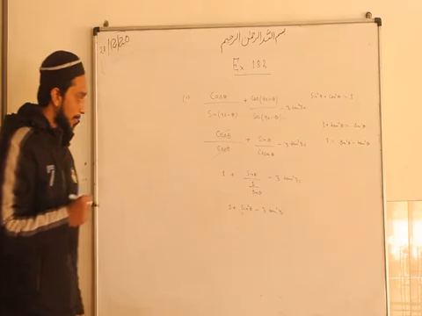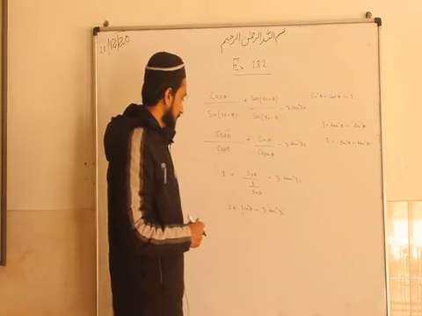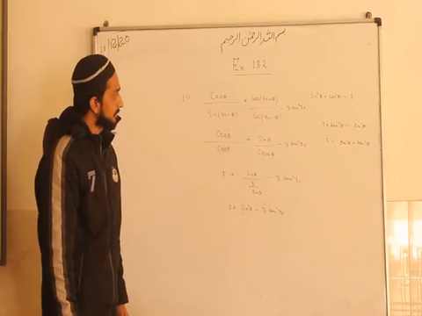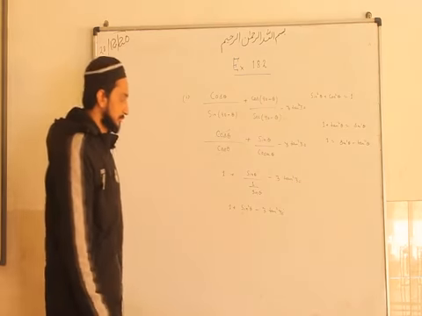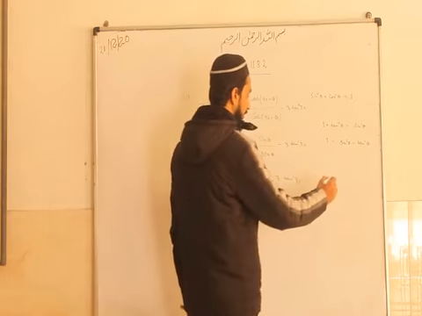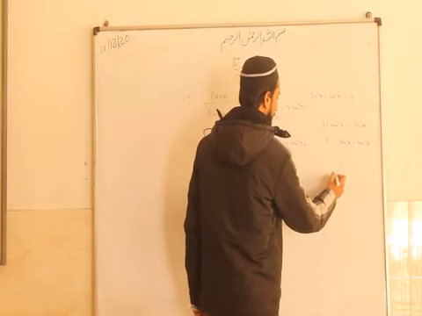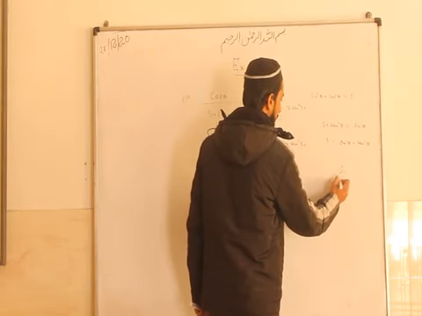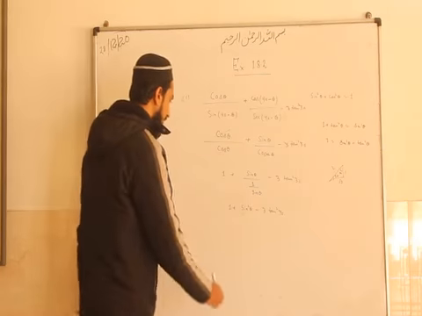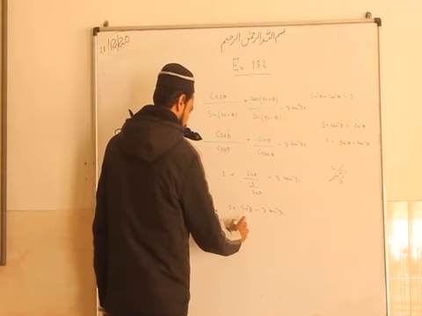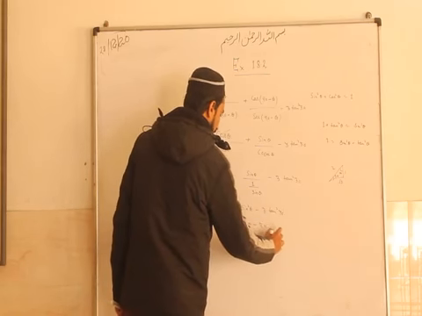Now what will we do? Tan 30, what is the value of tan 30? 1 by root 3. We can see this is 30, this is 60, 1, root 3, 2. So tan 30 is p by b, which is 1 by root 3. So 1 plus sin square theta minus 3 into (1 by root 3) whole square.